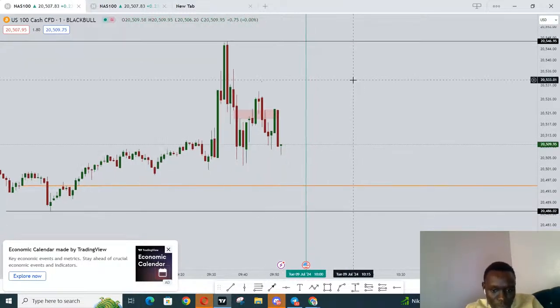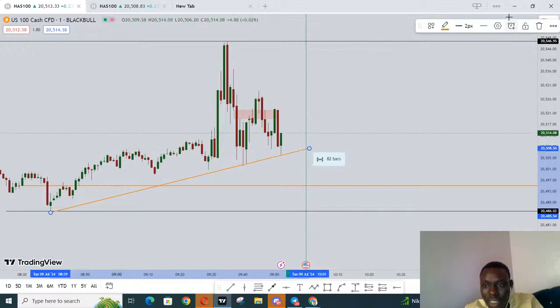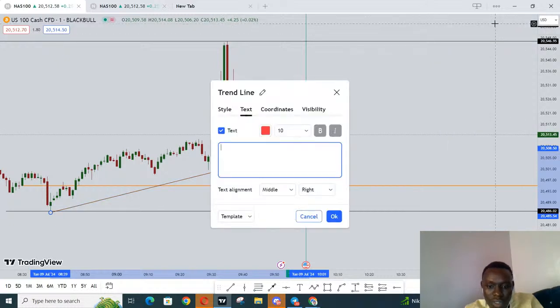Okay. So we have this bunch of trend line phantom. We call it trend line phantom. The retail traders will see this as trend line liquidity.